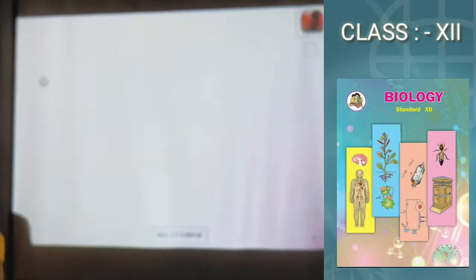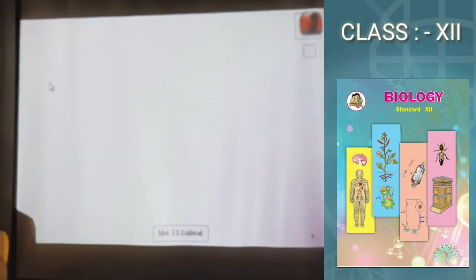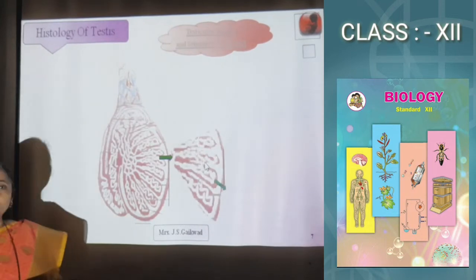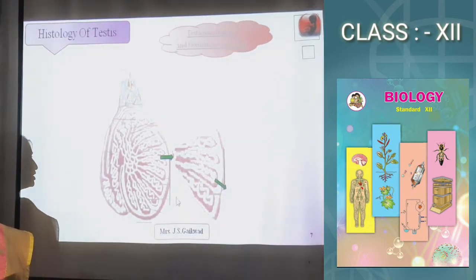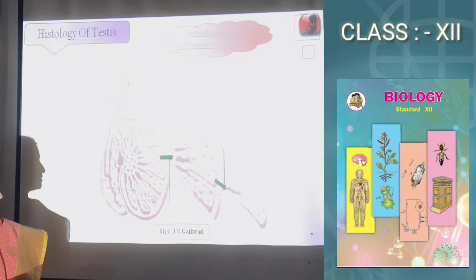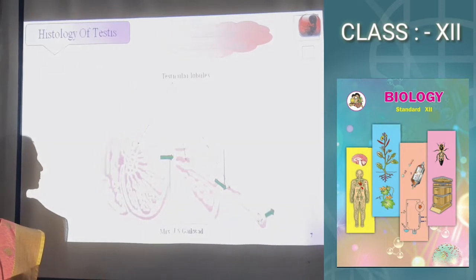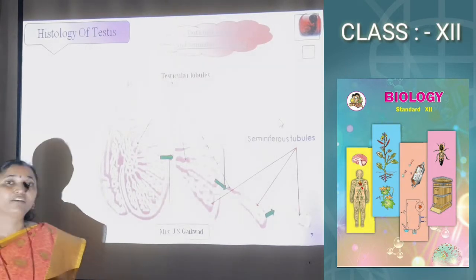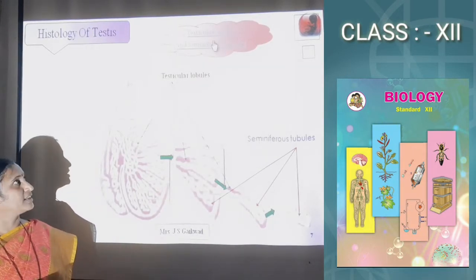Now this diagram again, back side for the testicular lobules. These are the testicular lobules. Here 200, 300 testicular lobules. Now from one testicular lobule, see here, this one is the seminiferous tubule. These seminiferous tubules, as I already told, are the structural and functional unit of the testes.